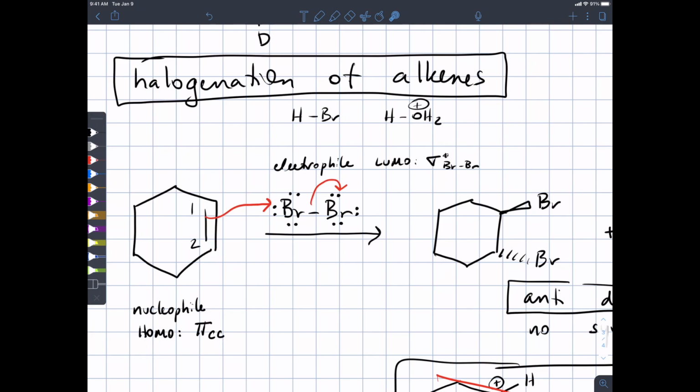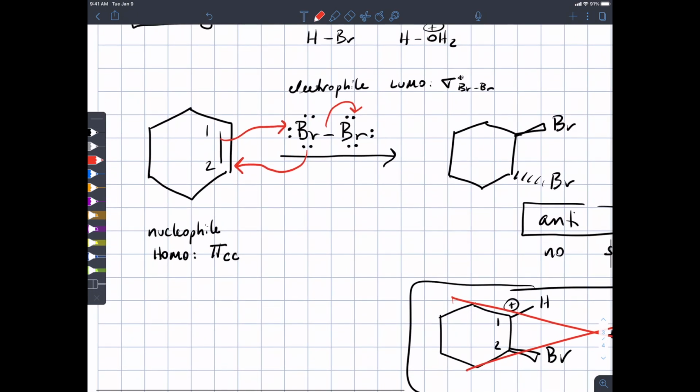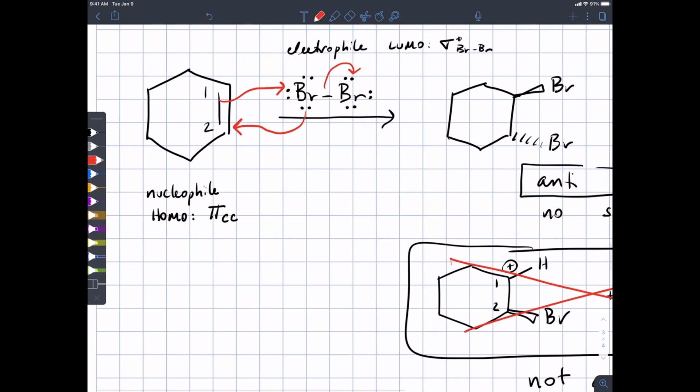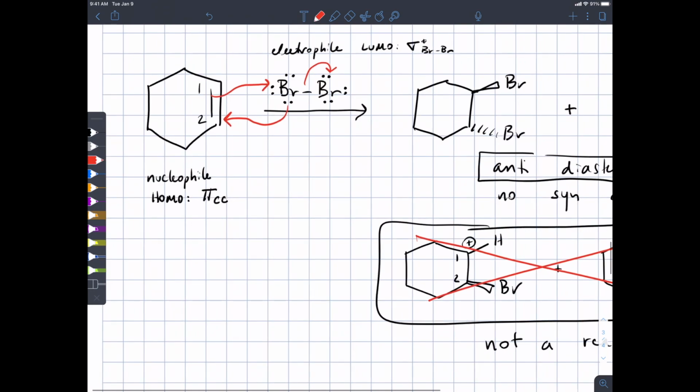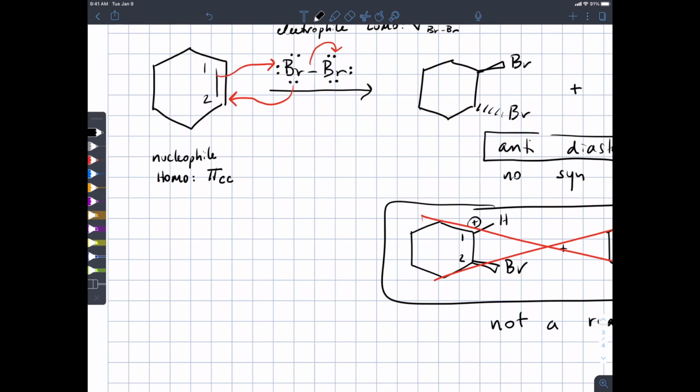As that process is happening, there's a buildup of partial positive charge on carbon 2. But before it can become a full positive charge, other lone pair electrons on Br minus snap it up and form a new carbon-carbon bond. Okay, and I suppose you could think of the transition state as looking something like this.